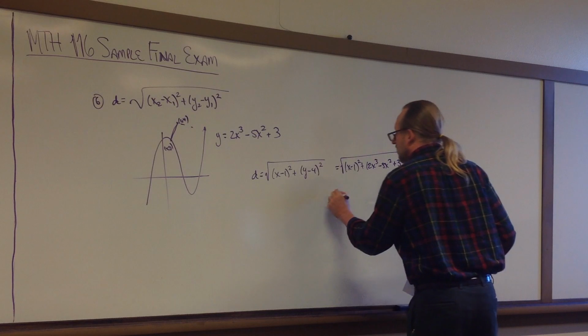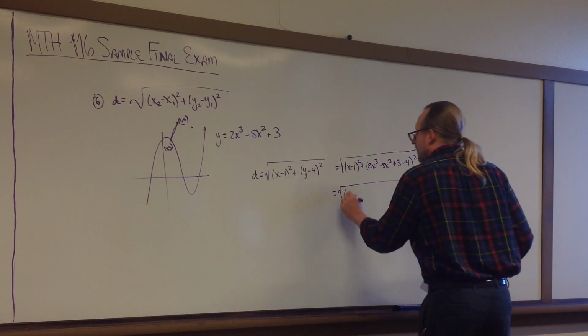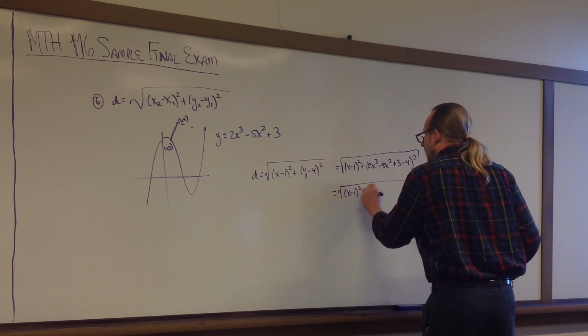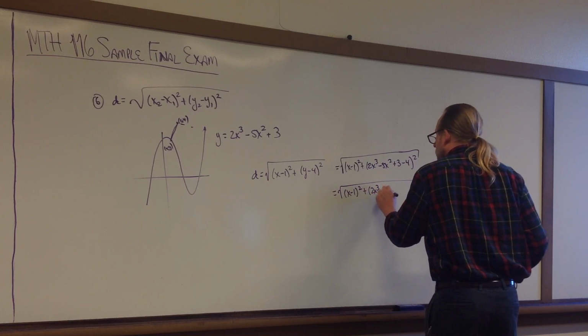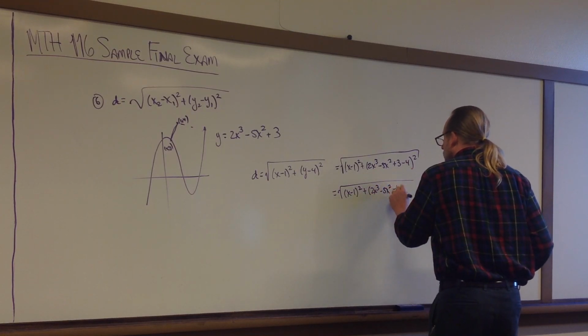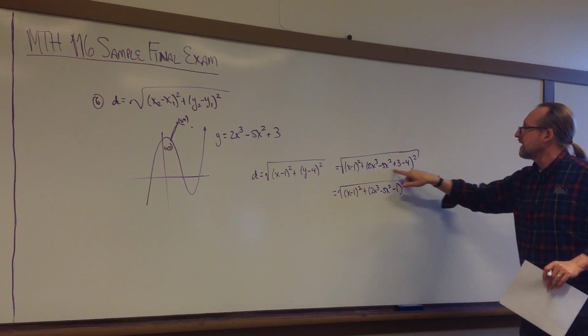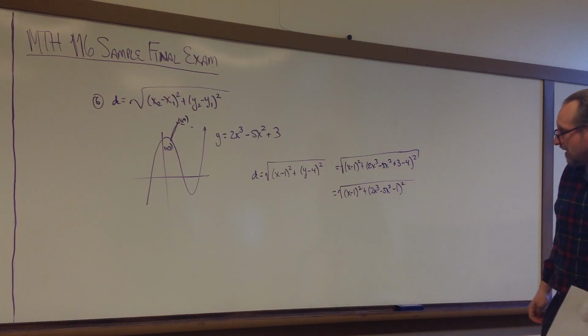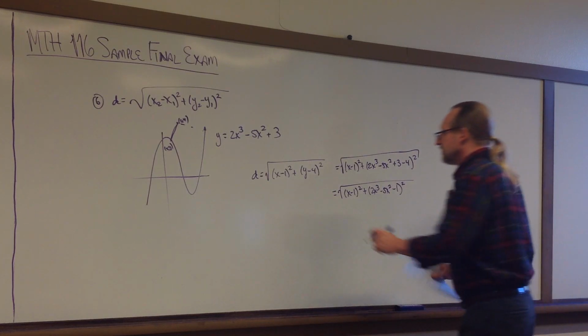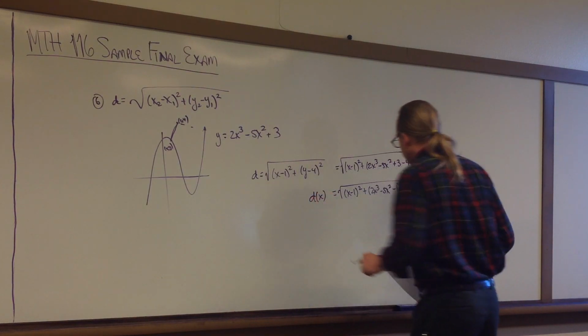You can leave it like that if you'd like. I don't recommend squaring these out, but I think it is often helpful to do a little quick addition or subtraction, combining like terms inside that y parentheses. So there's our d of x function.